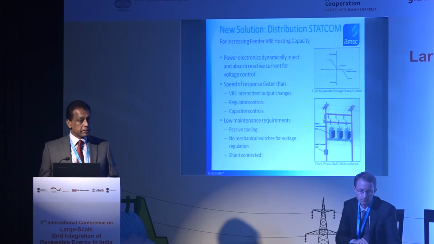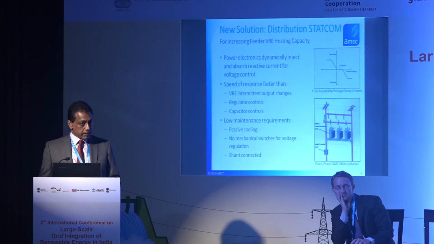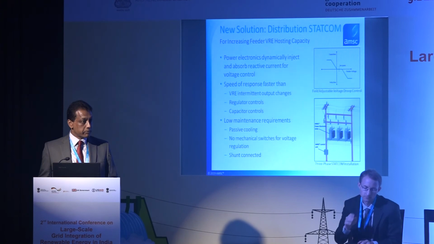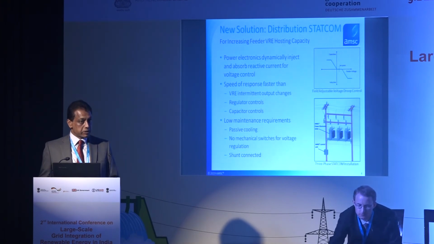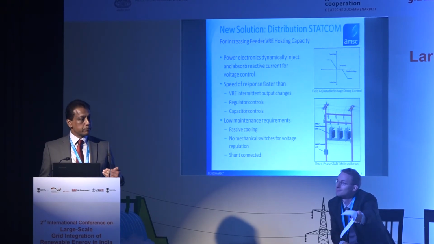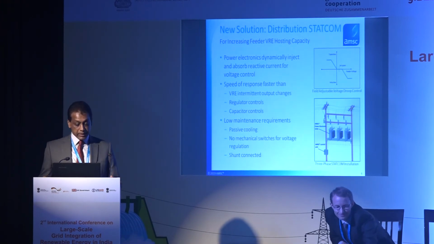What you're seeing there is a 3 single-phase, 11 kV, 330 kVAR STATCOM unit that, when you connect all 3 of them, gives you a 1 megavar distribution class STATCOM that can connect directly to your medium voltage line and basically deliver the same performance as a STATCOM system would at a high level.